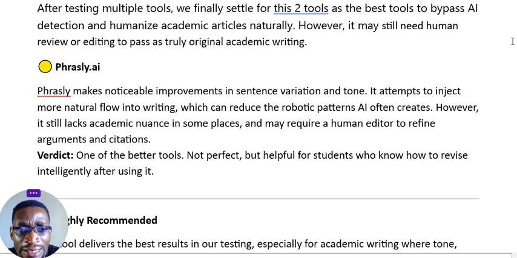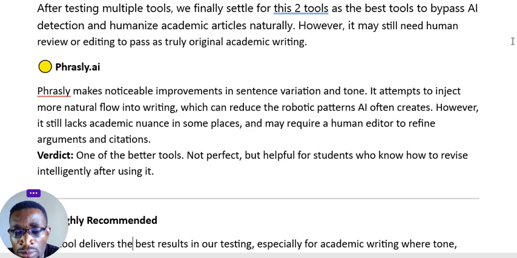So I found this tool, Phrasely.ai. Phrasely makes noticeable improvement in sentence variation and tone. And most of the things we talked about earlier, it actually improved on them. It attempts to inject more natural flow into writing, which can reduce the robotic patterns AI often creates.